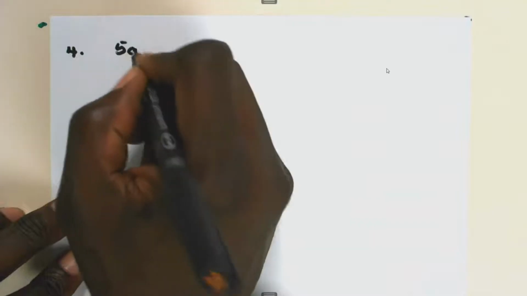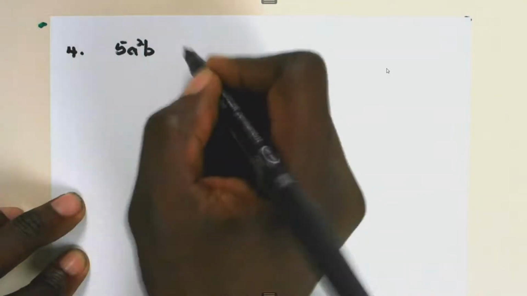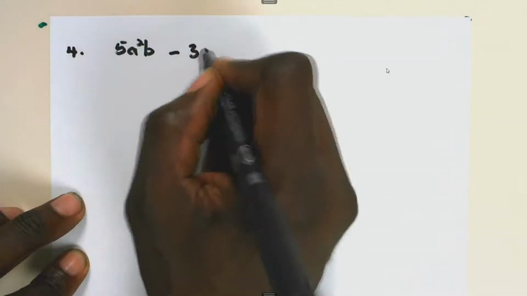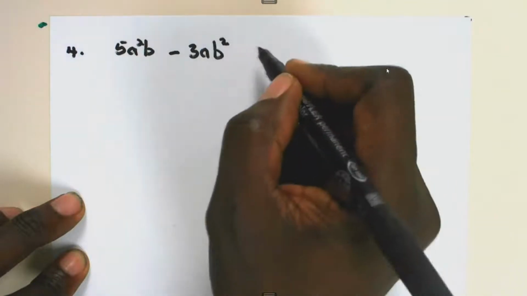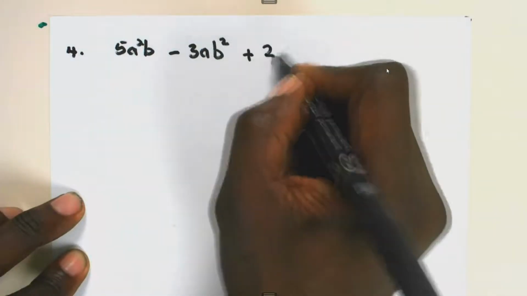We're going to number 4 now, the one that I said I'll explain when we come to it. This one, number 4, is 5a squared b minus 3ab squared plus 2ab.